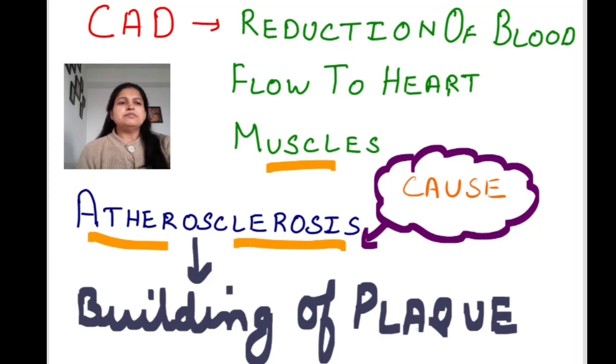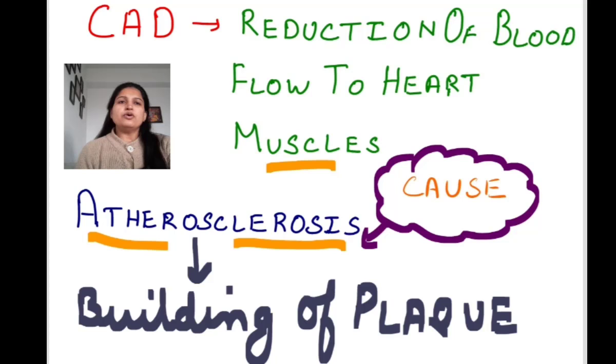And this plaque is basically made up of lipids, some fats and calcium ions. So basically we see that a high cholesterol level will lead to the development of atherosclerosis very fast. And in cholesterol, the low density lipoproteins are the basic responsible factors behind the development of atherosclerosis.